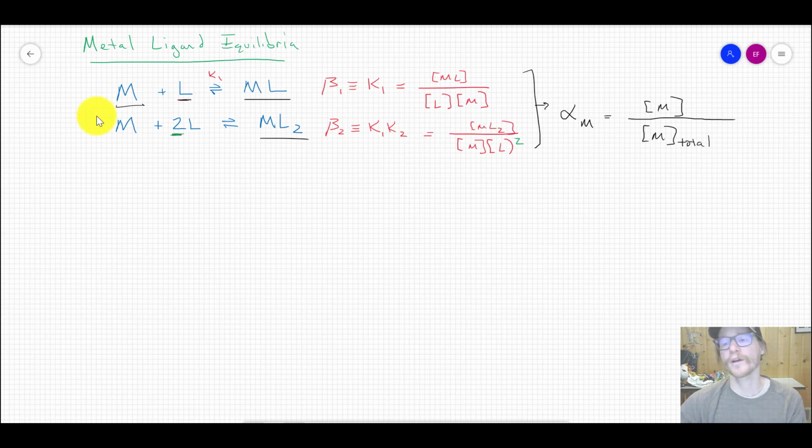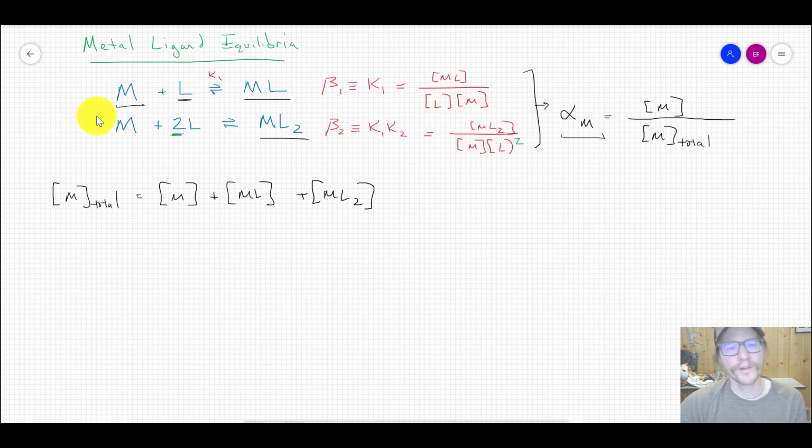And so what we're going to do is deduce an explicit form of alpha M that becomes useful to us. We start that by just computing a mass balance equation, which is really intuitive, where the M total, as I just mentioned, has to be equal to all the forms of M, which are the free form of M plus ML plus ML2.